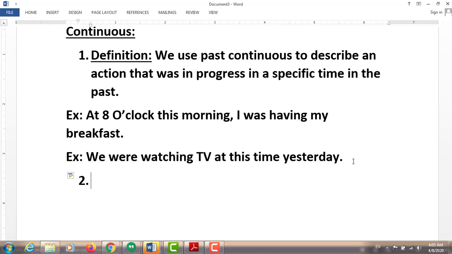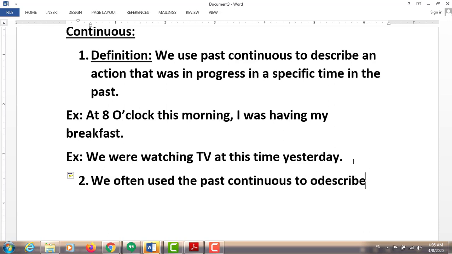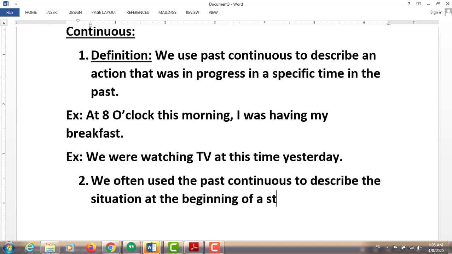Second one, استفاده دومش چی میشه؟ We often use past progressive or past continuous to describe the situation at the beginning of a story or narrative.